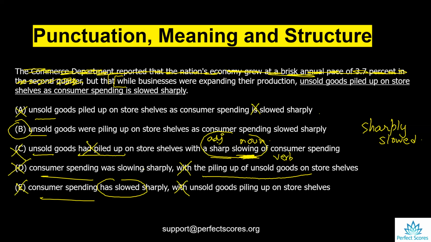Sharp slowing. In the other cases, the sentence is using slowing and slowed as verbs. So again, you have to be very careful. Usually you will find these different variations, like simply the word cutting. Cutting, what comes to our mind is it's a verb, but it can also be used as a noun. So you have to be aware that all of these variations can be used in different ways. Okay?